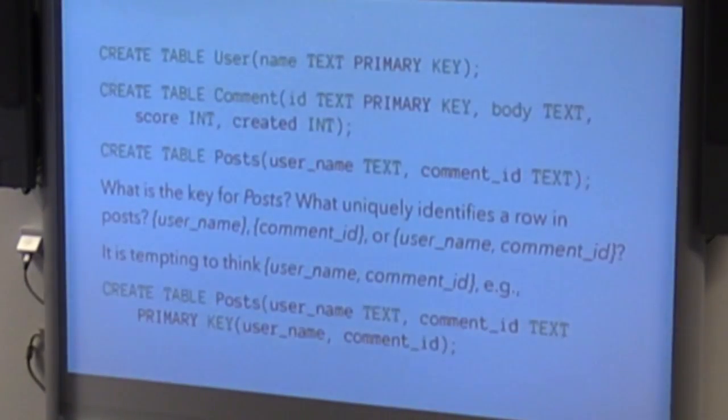If you need that on the post table, you specify it by issuing the primary key command. You print out primary key, and then add the columns that should be a part of that key. In this case, it's username and comment ID. That is the primary key, and it is also the entire table.